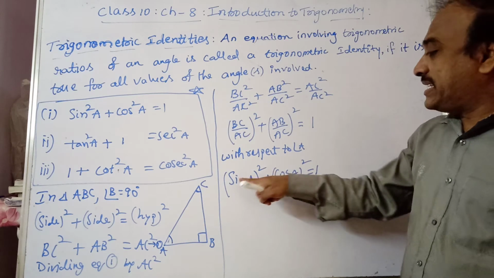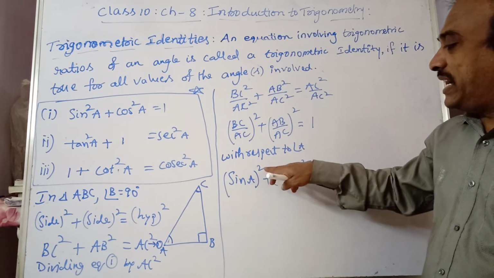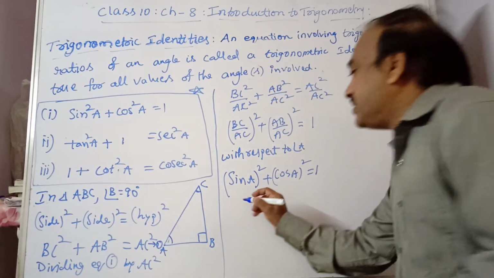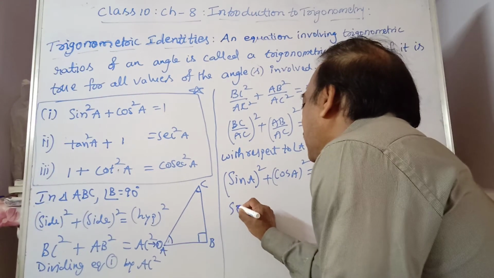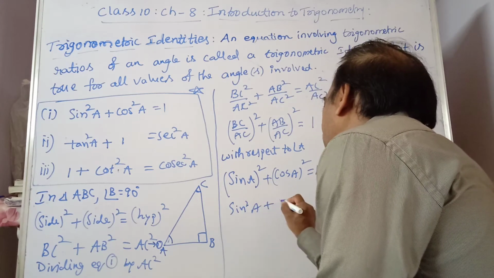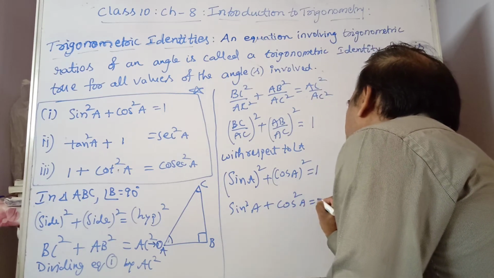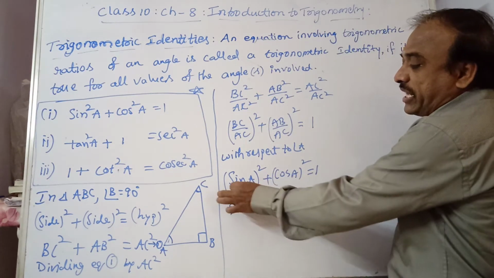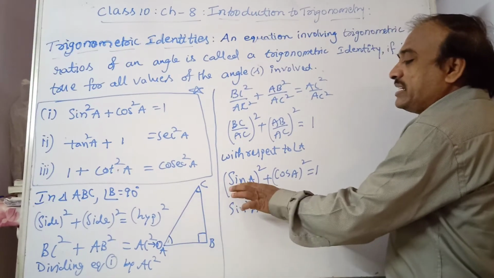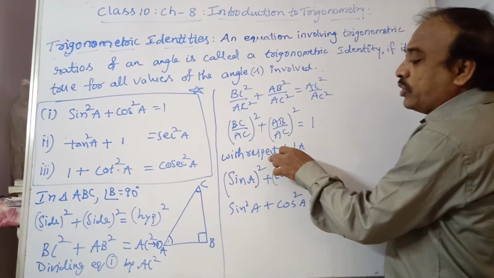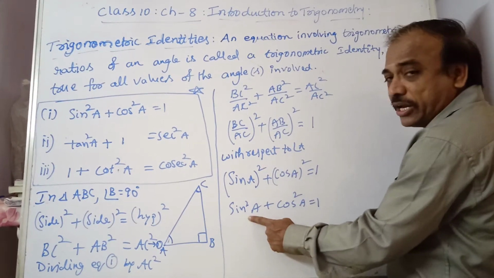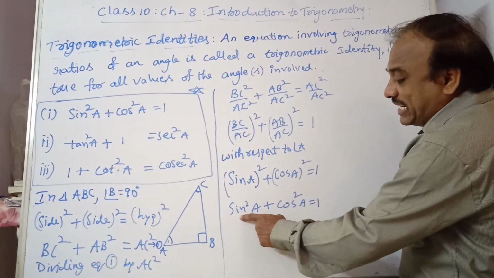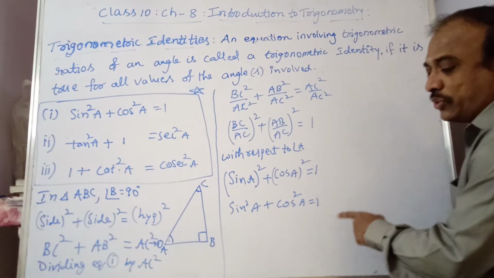But in spite of writing sin A whole square, we write sin square A. The meaning is the same, either you write it like this or like this. So the identity is sin square A plus cos square A is equal to 1.